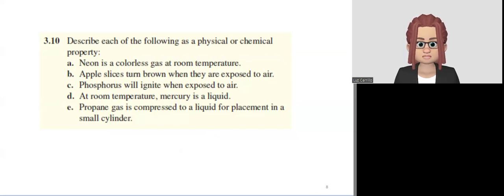Let's go over letter A. Neon is a colorless gas at room temperature. This is describing not only the state of matter for neon, but is also telling you that it's colorless. So this specifically is a physical property.